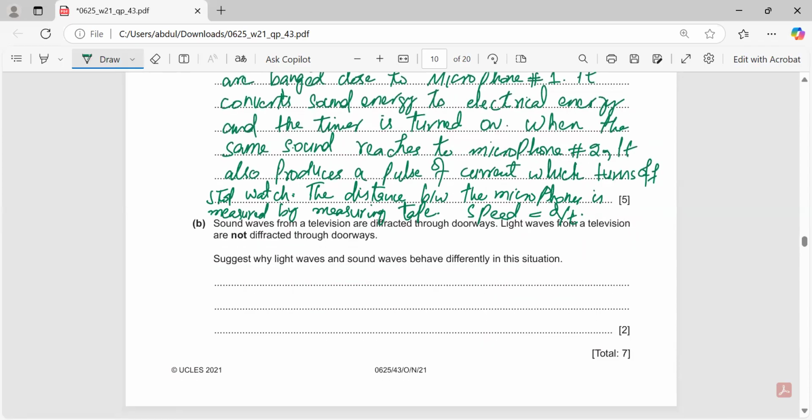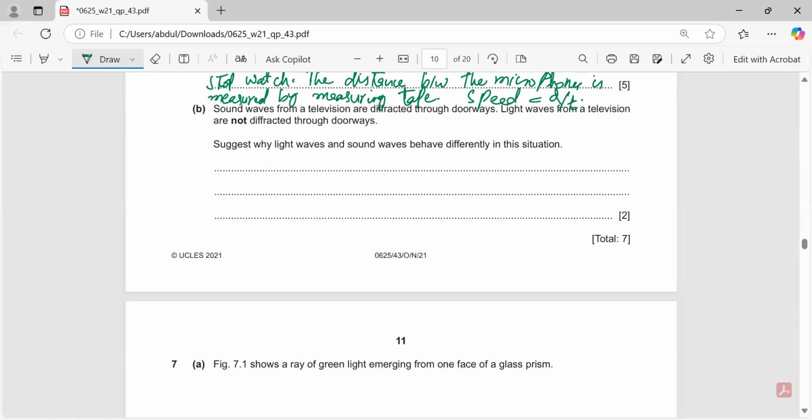Sound waves from a television are diffracted through the doorways. Light waves from a television are not diffracted through doorways. Suggest why light waves and sound waves behave differently in this situation. You know, for diffraction to take place, the wavelength of the incident wave should be equal to the size of the gap.